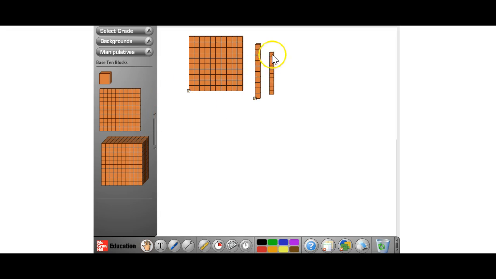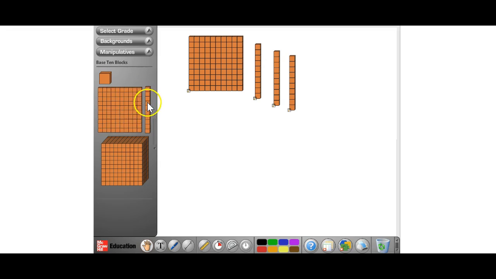So they took 4 tens, and then they went 4 ones.